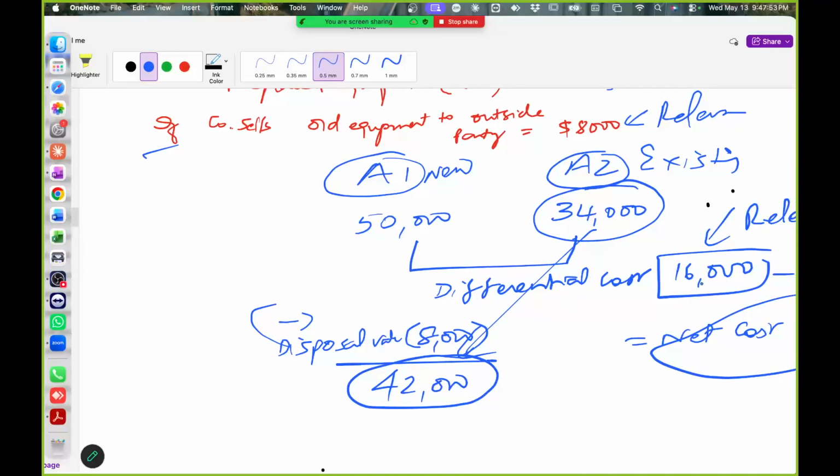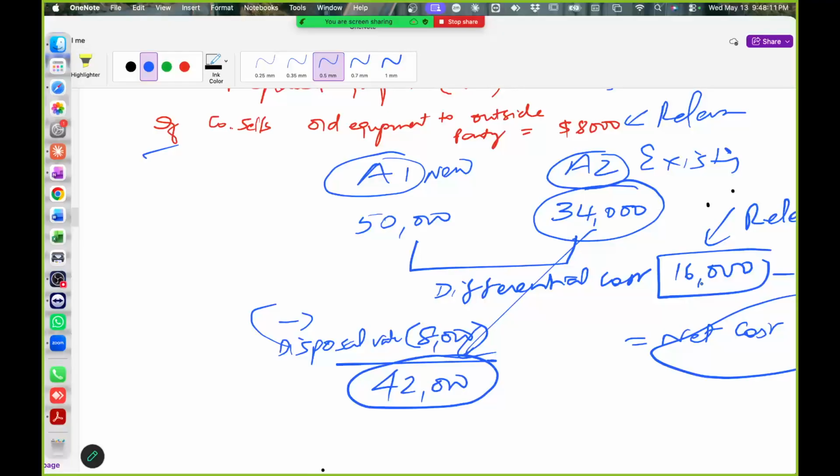Now we will take up to the management, the big boss. What does the big boss decide? Our job is to recommend. The big boss may go for alternative 1 or alternative 2.